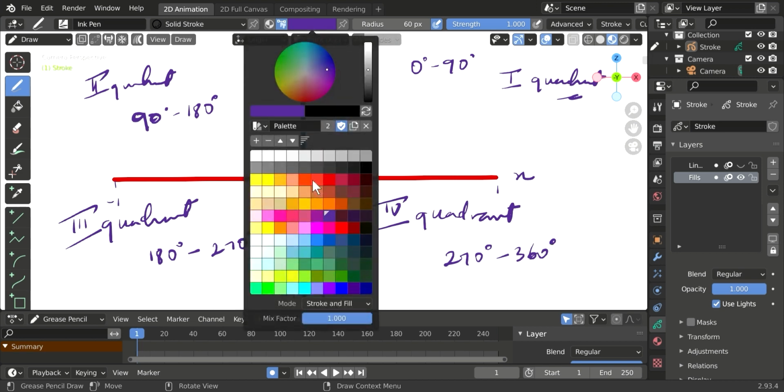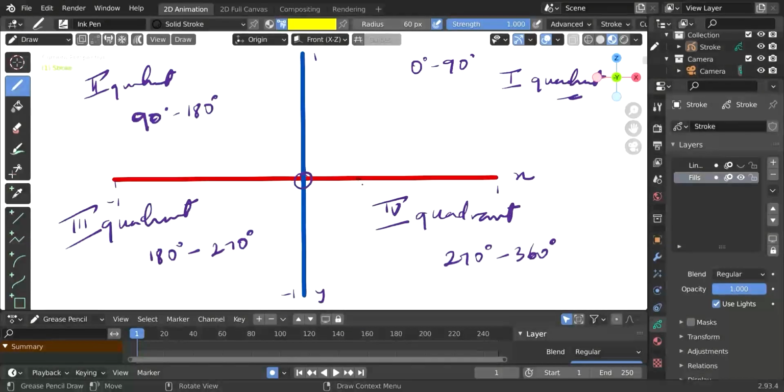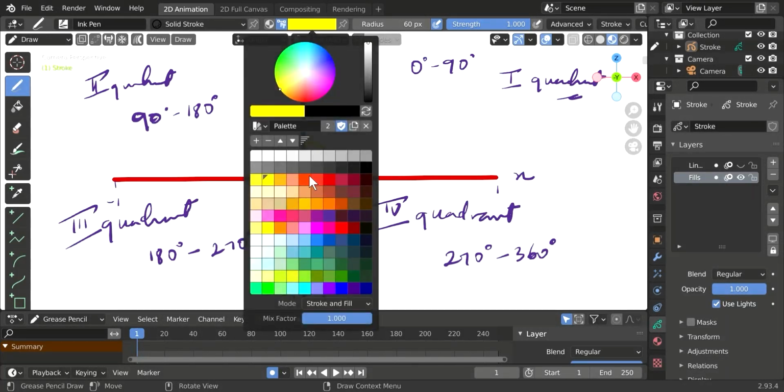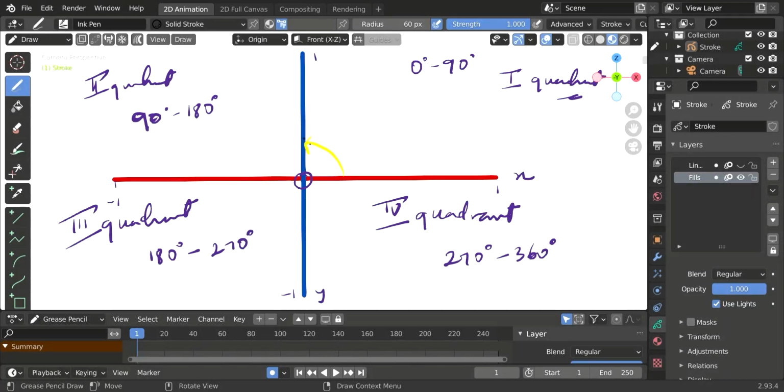What does this mean? Let's use yellow. Again, from 0 degrees, I have traveled to 90 degrees. There's another color. You have gone from 90 degrees, you have traveled to 180 degrees.